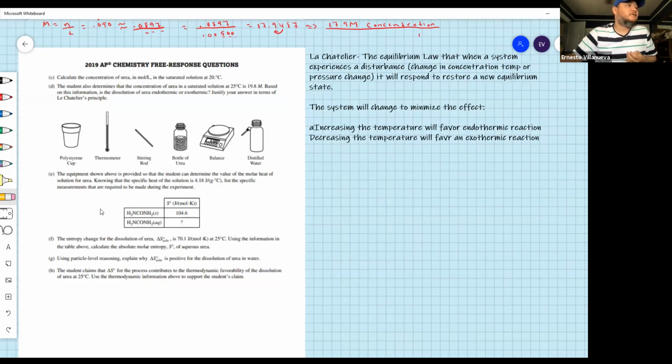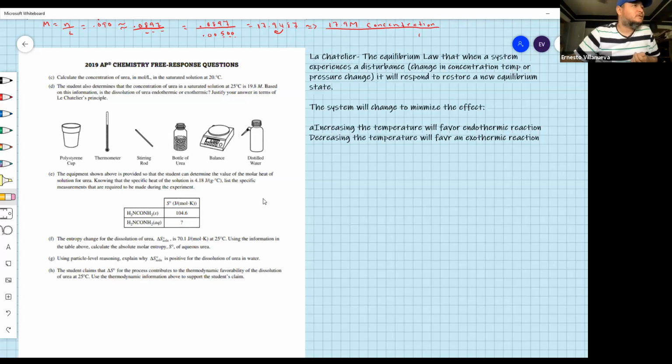The equipment shown above is provided so that the student can determine the value of the molar heat of solution for urea. Knowing that the specific heat of the solution is 4.18 joules per gram degrees Celsius, list the specific measurements that are required to be made during this experiment.